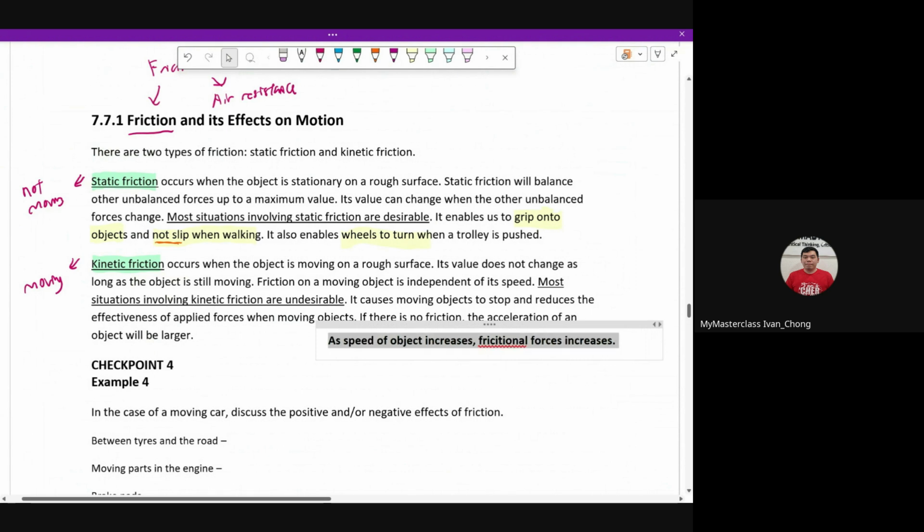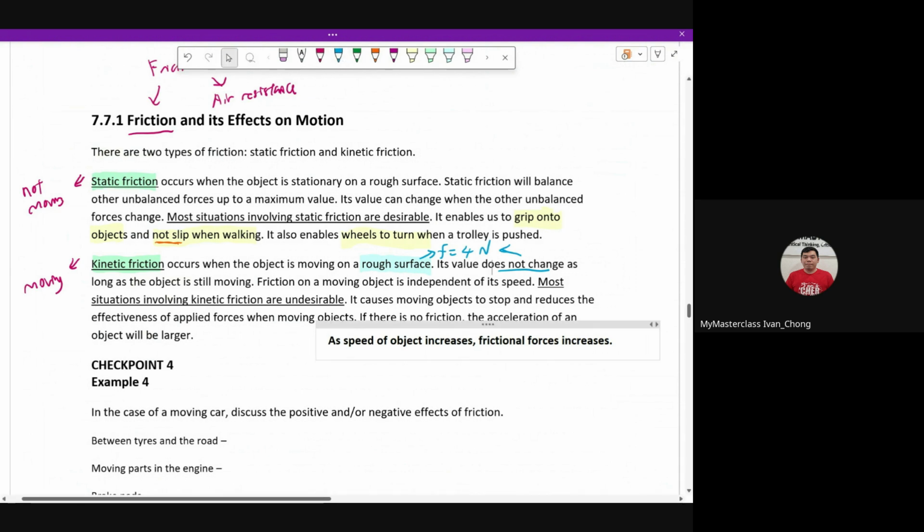So to take note of this, did I spell it wrongly? Okay. Now normally when you see a rough surface and they tell you, okay, friction is 4 newtons, we always assume that it doesn't change. If it's 4 newtons, it'll always be 4 newtons, even if the object is speeding up or slowing down.